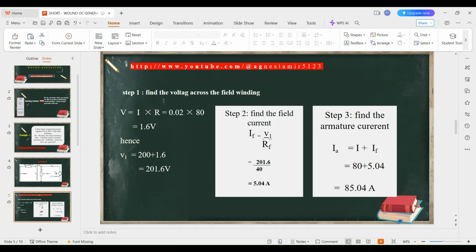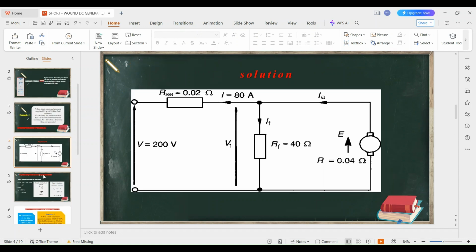Step number one: we shall look at the voltage drop across the series resistance. Using Ohm's law, voltage is given by current multiplied by the resistance.